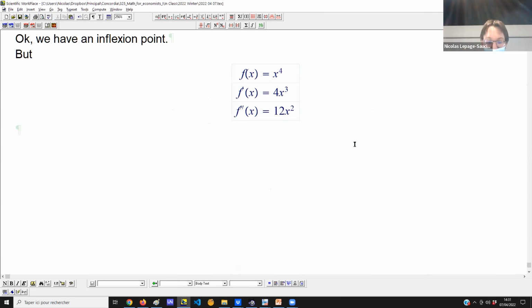Okay. Second derivative is 0, yet not an inflection point.